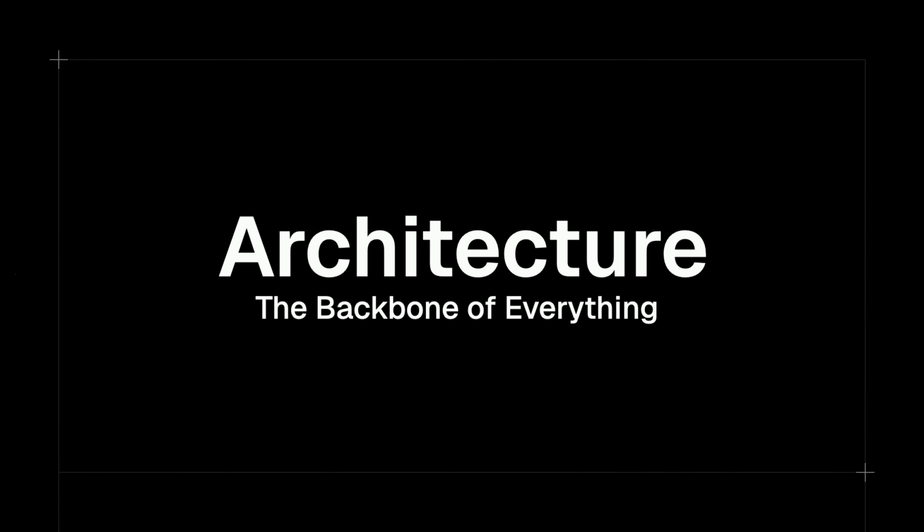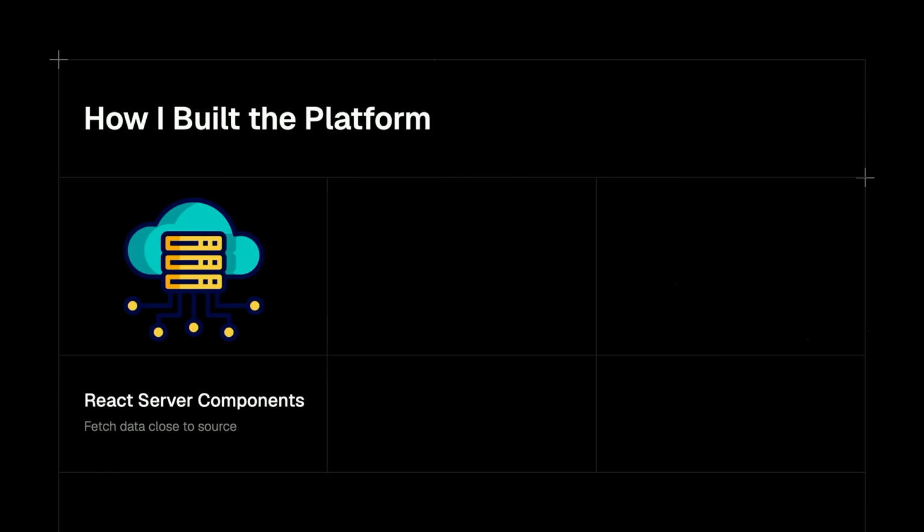So architecture. Once I knew that performance was my North Star, the next question was, how do I architect it? Because architecture sort of decides everything, how the data flows, how quickly it responds, and how easy it is to scale later. So this is how I built the platform, and it's actually aligned with what we heard today at the keynote. I use React Server Components.